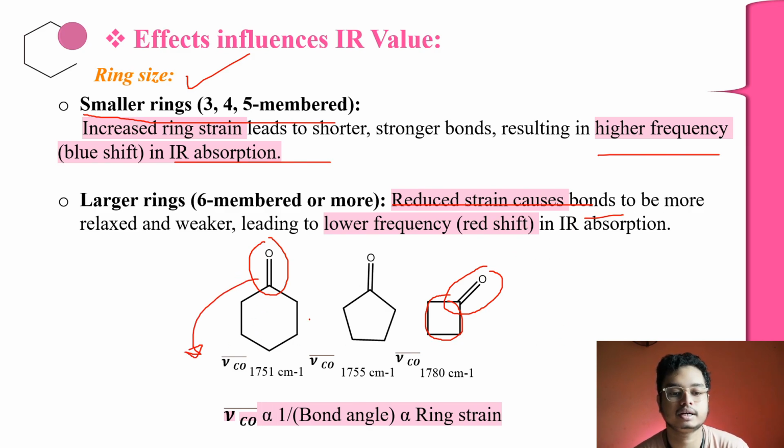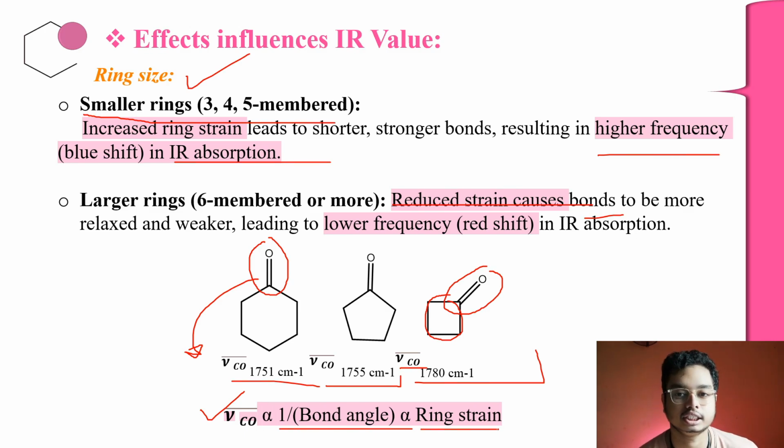For the 6-member ring, the exocyclic carbonyl nu CO value is 1751; there is some ring strain, but not that much, that's why it is a little higher. But in the case of a cyclobutanone type of system, the nu CO value is 1780. This is much higher. So from here we can conclude that nu CO depends upon the bond angle and is directly proportional to the ring strain.